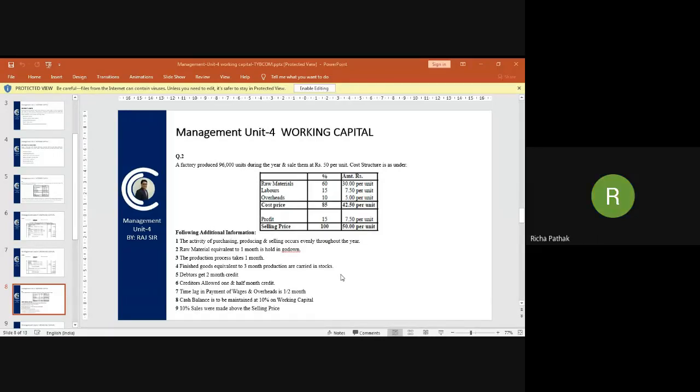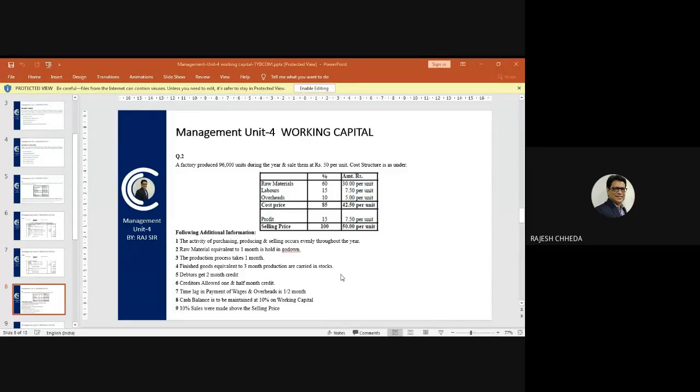Okay, let's read the question further, the following additional information. The activity of purchasing, producing and selling occurs evenly throughout the year, meaning that when you do the calculation, you must assume that in a year of 12 months, 96,000 units are produced and sold.